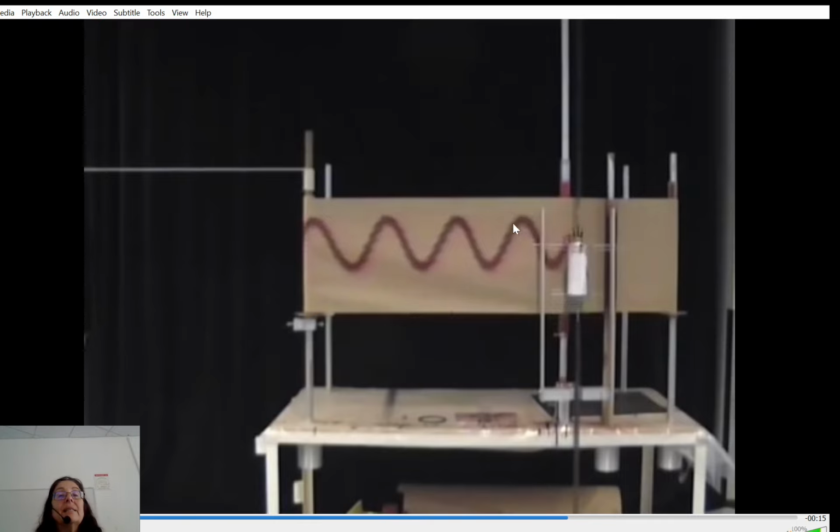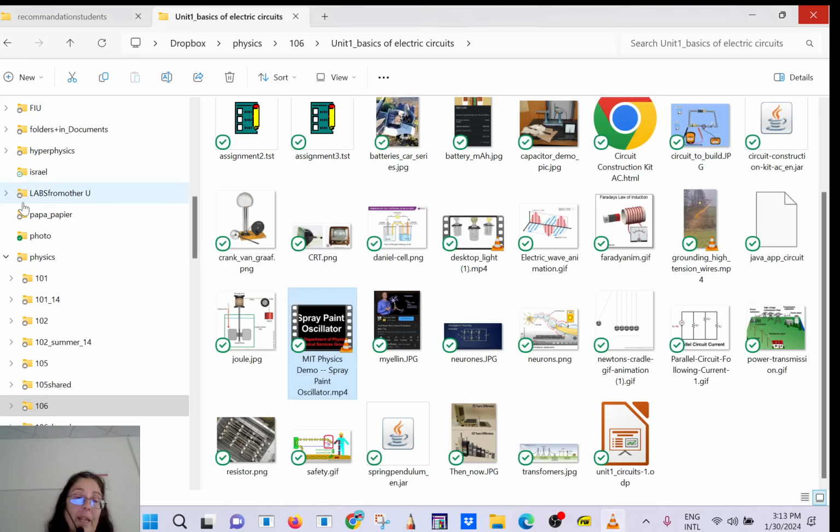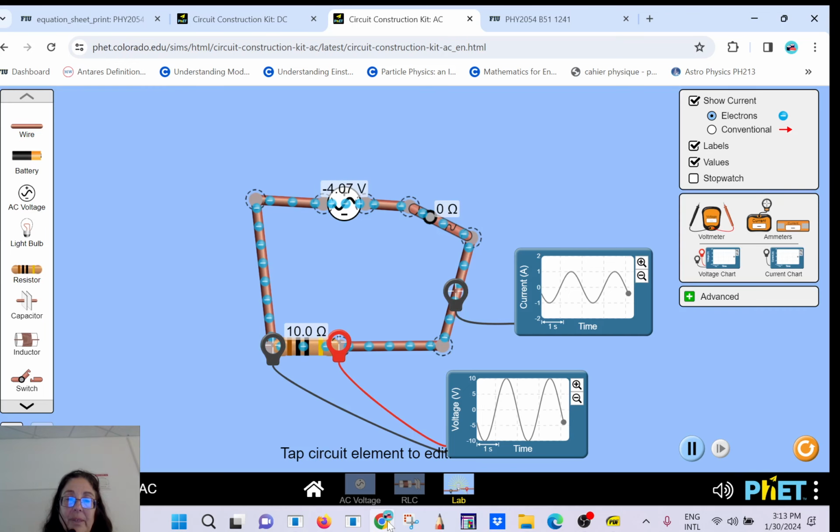Now the time it takes for one cycle is called the period, and the number of cycles per second is called the frequency. I'm going to show you that. Where is my example here?